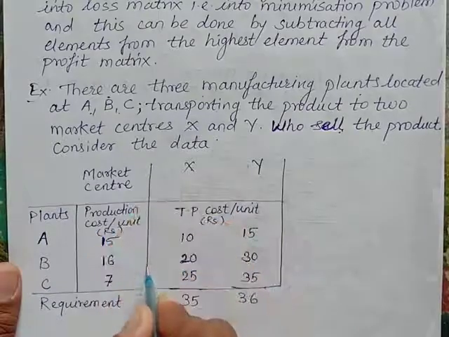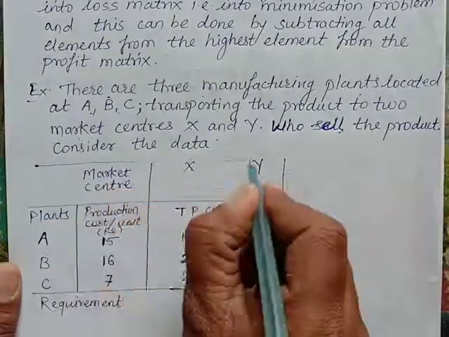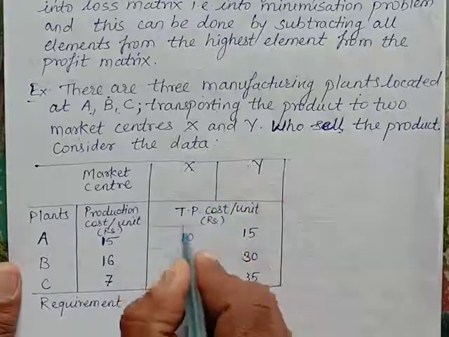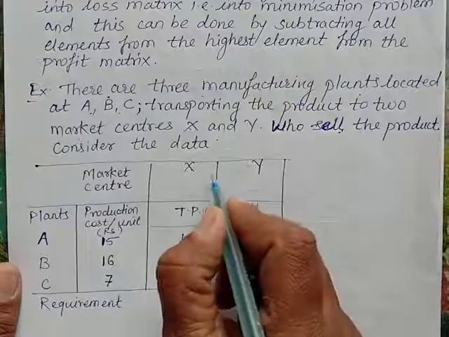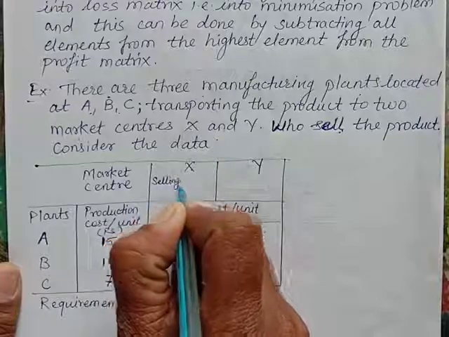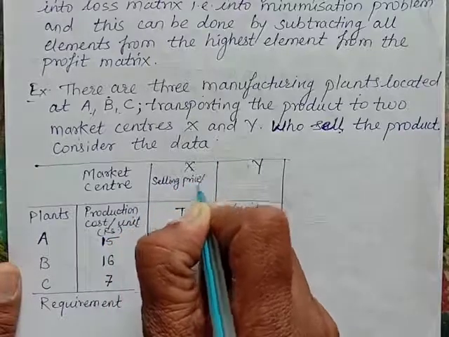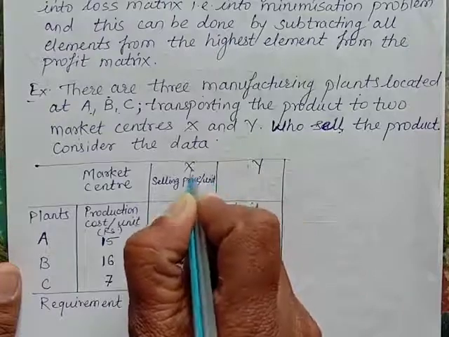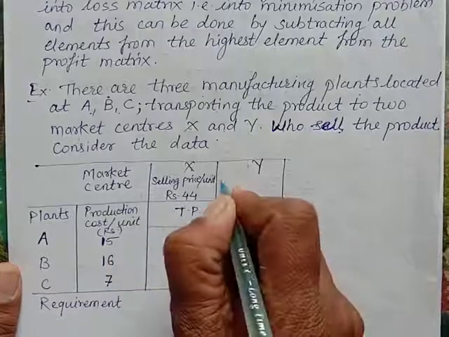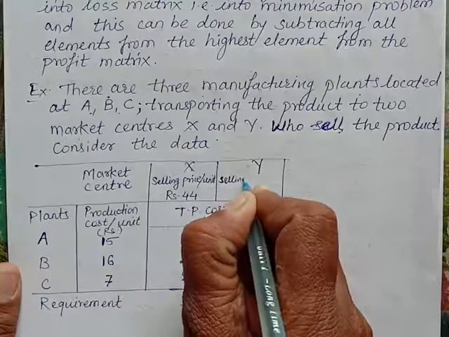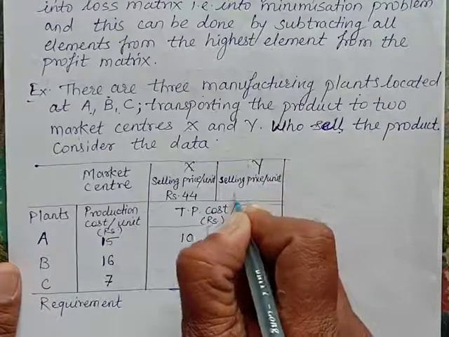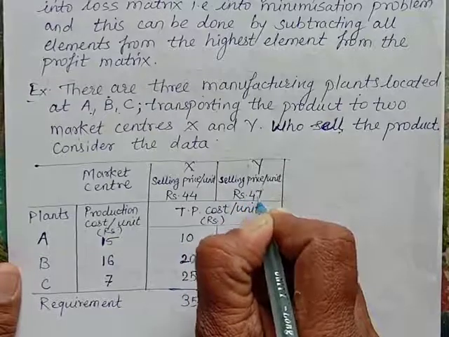Now, one more thing that is also given to us: the selling price per unit at these centers X and Y. At center X it is rupees 44, and at center Y it is rupees 47.